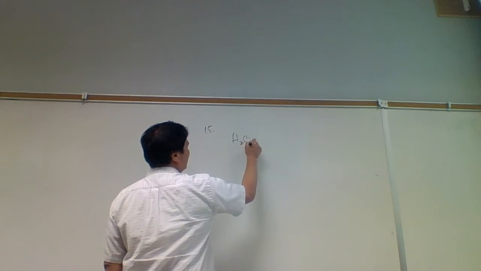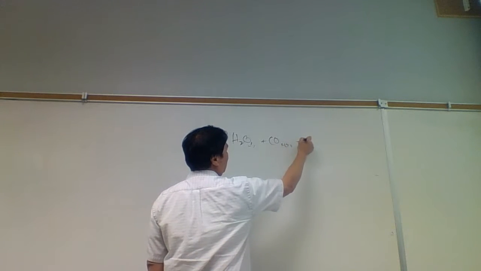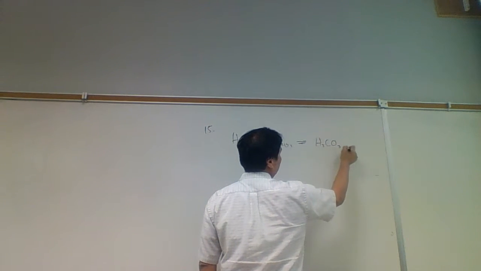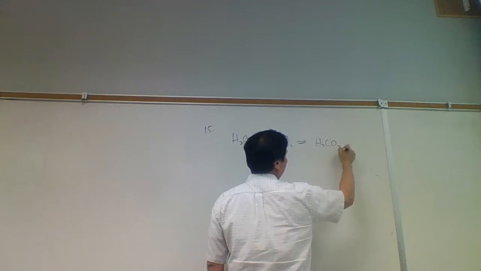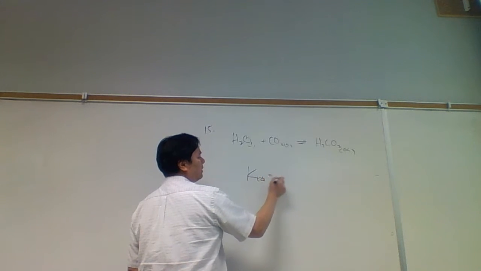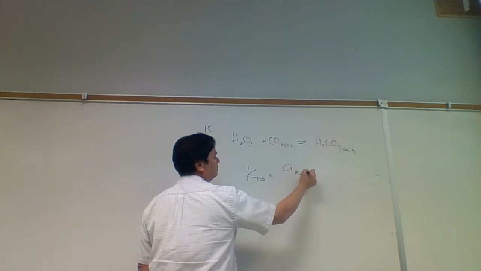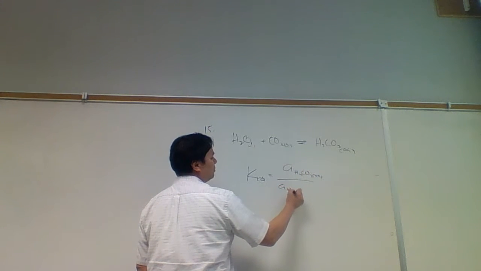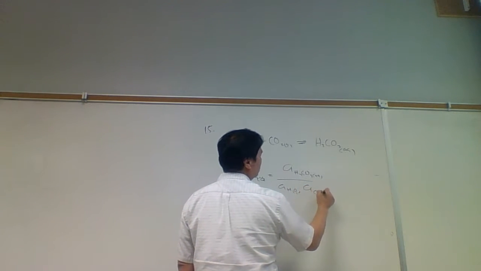So this one, H2O liquid plus CO2 gas gives us carbonic acid, H2CO3. This equilibrium is heavily favored to the left because of the H2CO3 aqueous. KEQ, the thermodynamic equilibrium constant, is just the activity of carbonic acid divided by the activity of H2O liquid times the activity of CO2 gas.